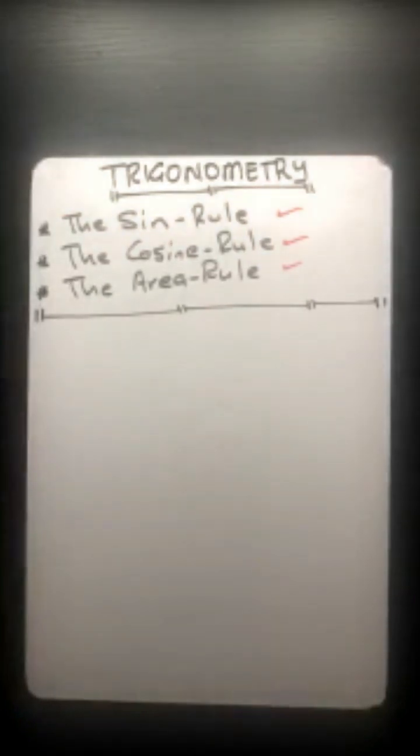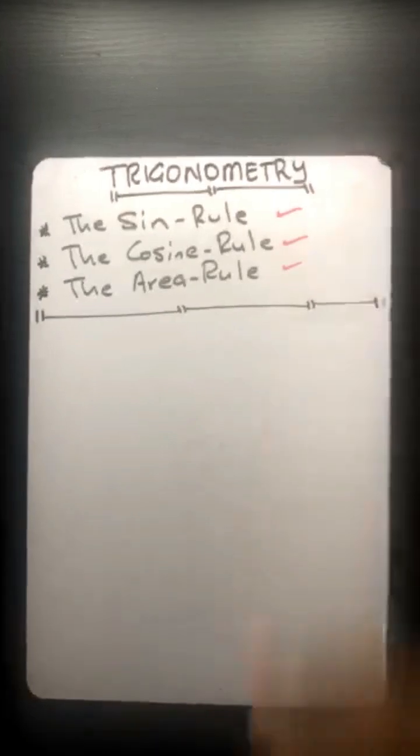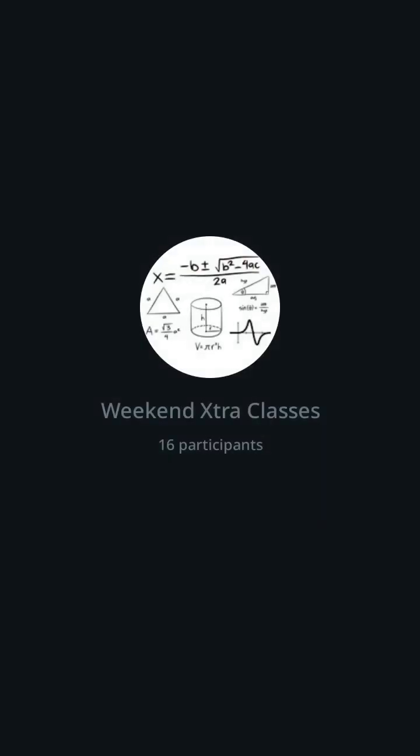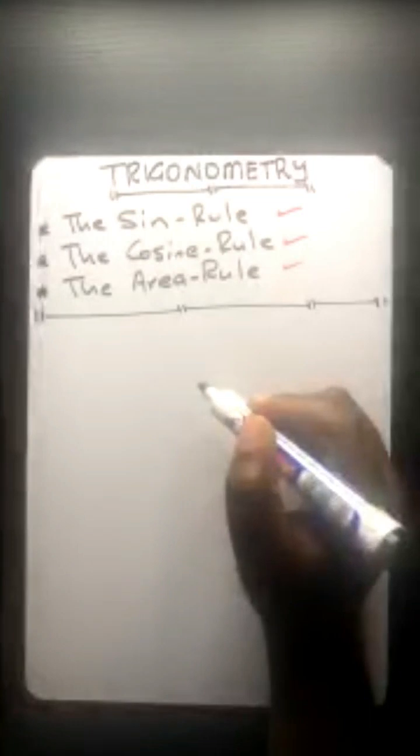But wait. As a mathematician, you need to ask yourself this question: where do we apply these rules? Remember, I said under trigonometry, we are only interested in the relationship between the sides and the angles. How many sides? 1, 2, 3 sides.